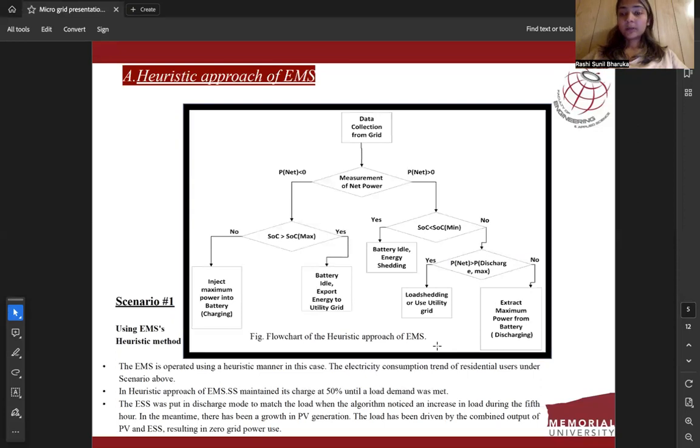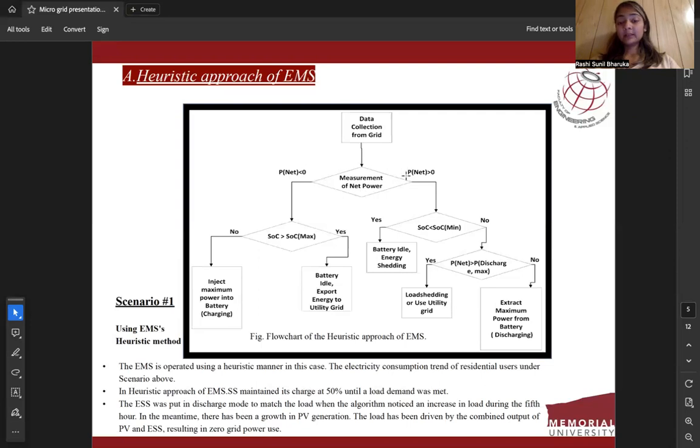The first technique here is the heuristic approach of the energy management system. Of the two scenarios, the first is the EMS operated in the conventional, heuristic manner, in which we consider one source of energy, for example photovoltaic energy. The power on both sides is calculated from the photovoltaic data collected from the grid, and we check the net power.